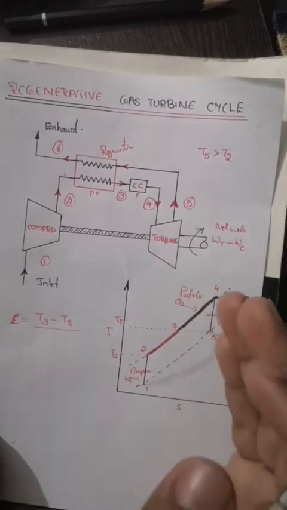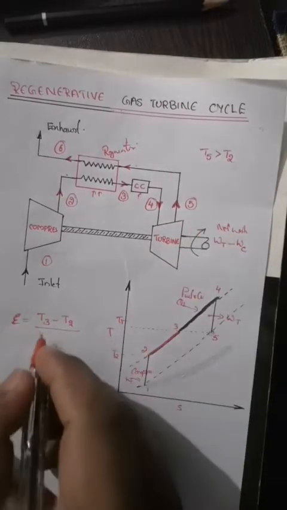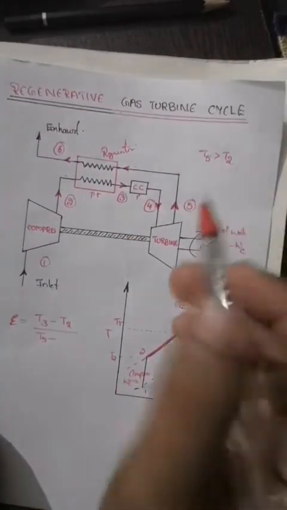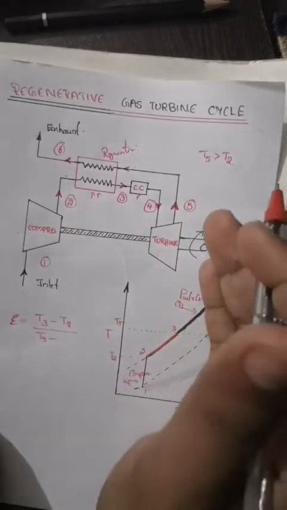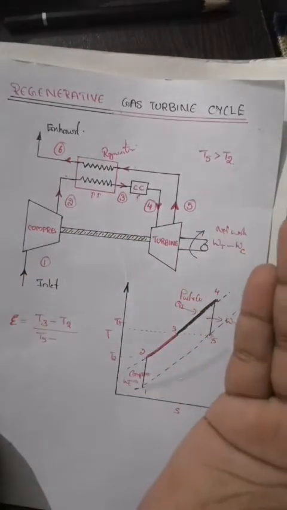The maximum available energy in the regenerator has the highest point at T5, right? T5 is the temperature which was available at the inlet of the regenerator from the turbine. So what's the lowest temperature inside this regenerator? The lowest temperature is not T6 because T6 will be higher than T2.